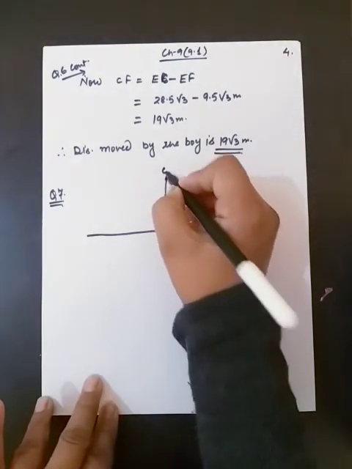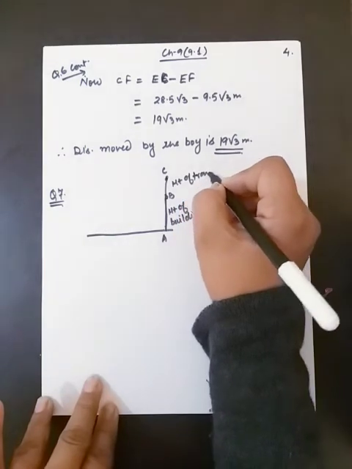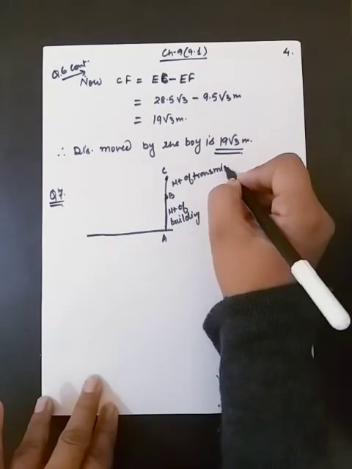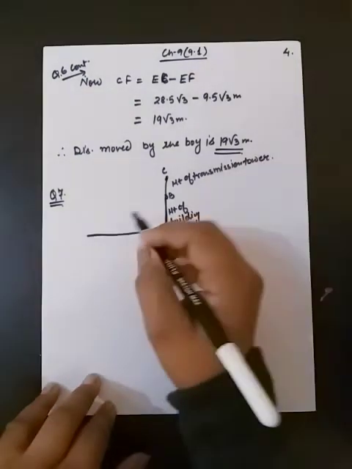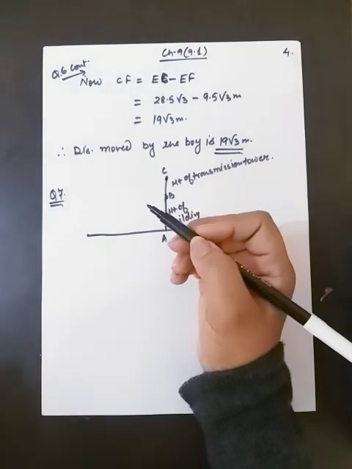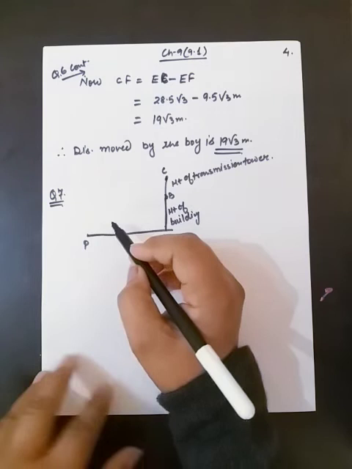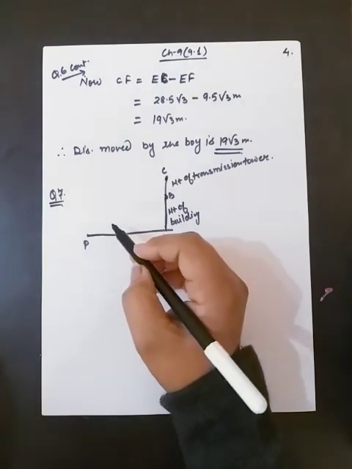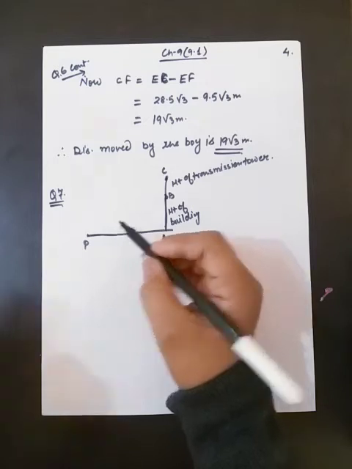So in figure A, B, this is the height of building, and B to C is height of transmission tower. Now from this point on the ground we are watching. So let this point be the P, and we are watching the bottom and top of transmission tower.